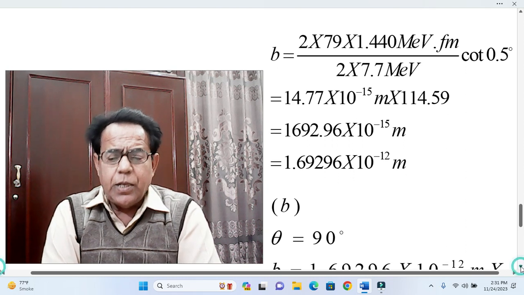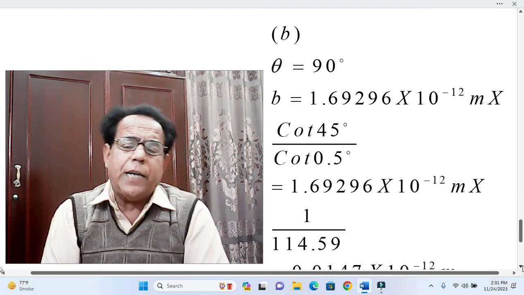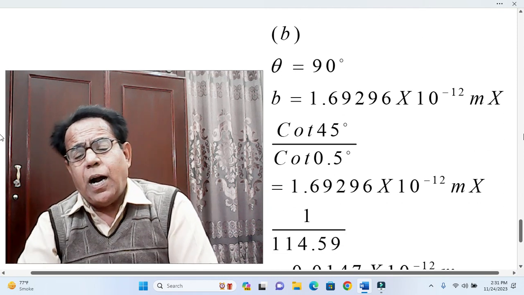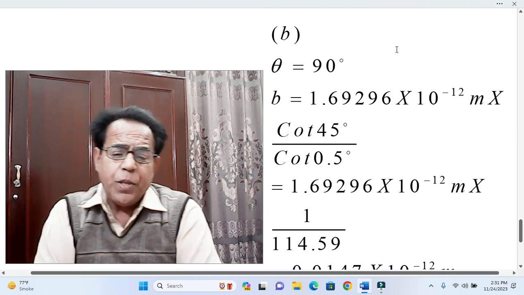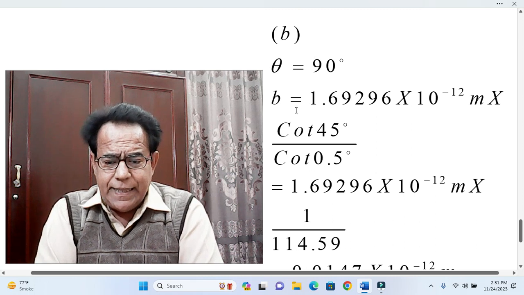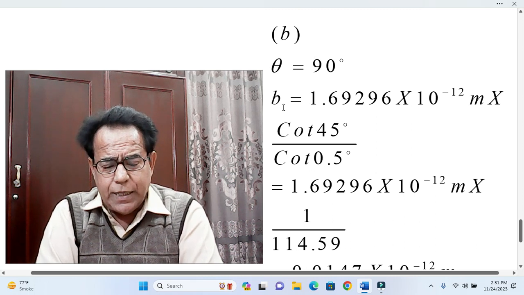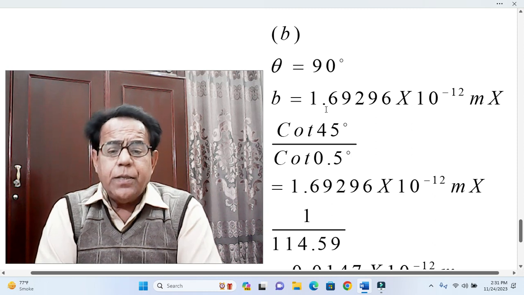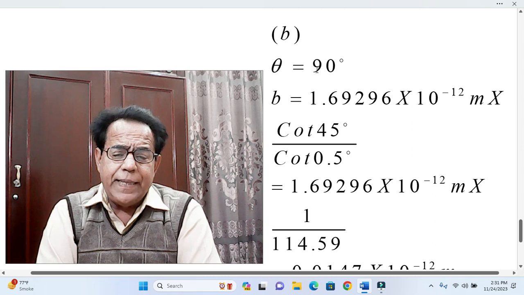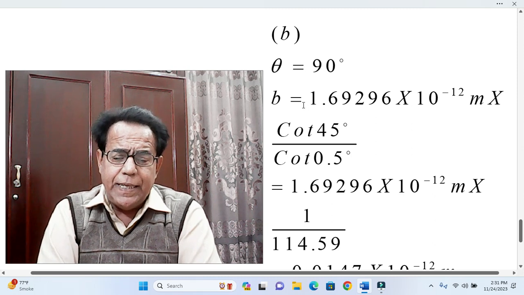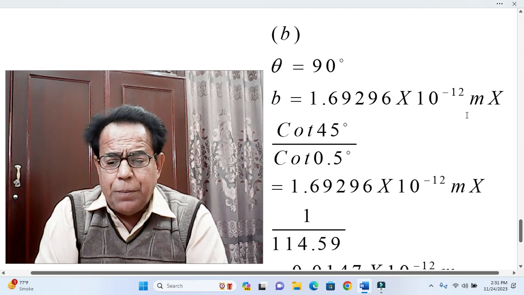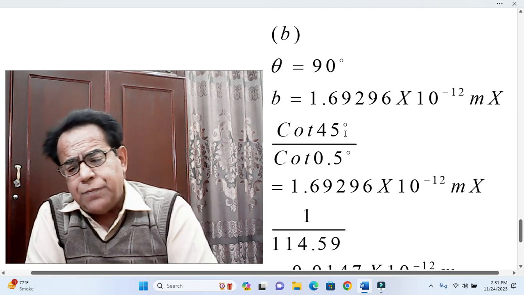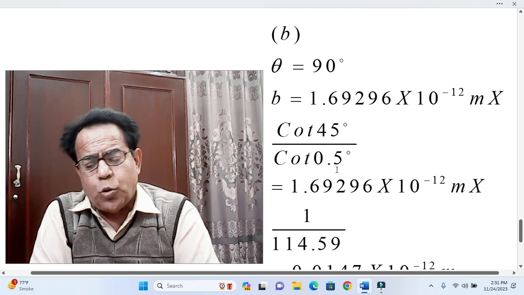Anyhow, now we come towards part B. In part B, all other values are exactly the same, only theta is different. When theta is 90 degree, then b is the b of part A multiplied by cot 45 degree and divided by cot 0.5 degree.